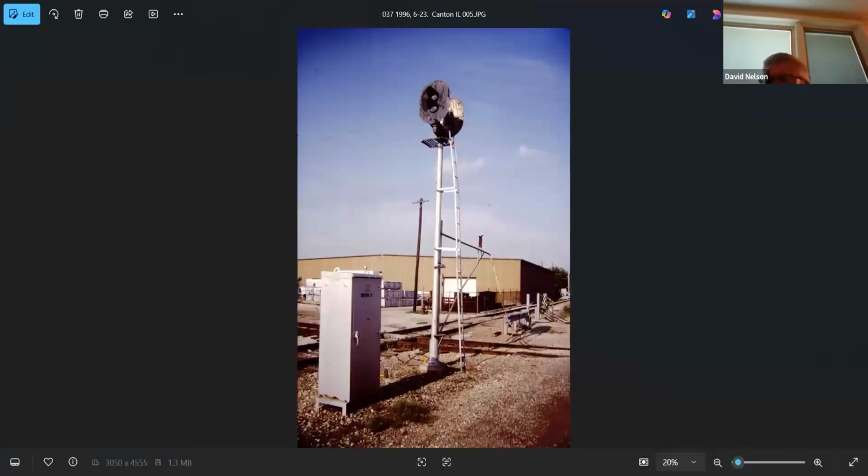Also interesting is Canton, Illinois. Oh, yeah. This is a crossing of a CB&Q branch. You had the line that went from Galesburg to Peoria, and kind of midway on that line was Yates City. There was a Y at Yates City, and that Y went south to the coal mining areas of that part of Illinois, and it passed through Canton, where it crossed over on a 90-degree crossing with the Toledo, Peoria, and Western.